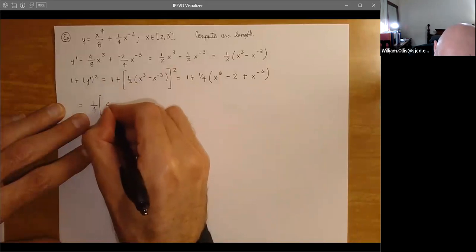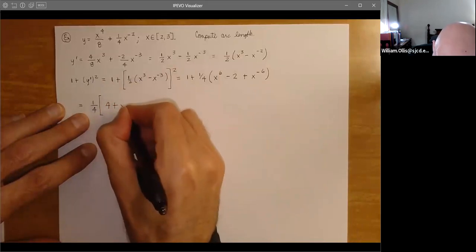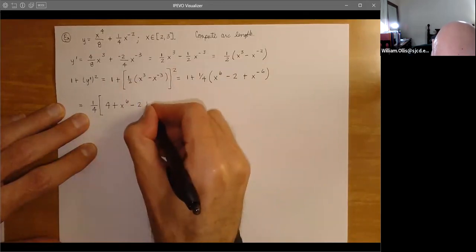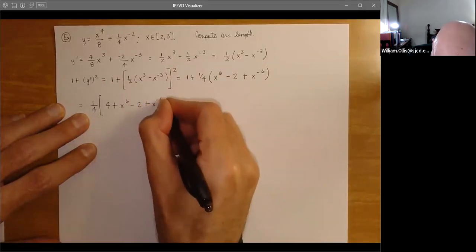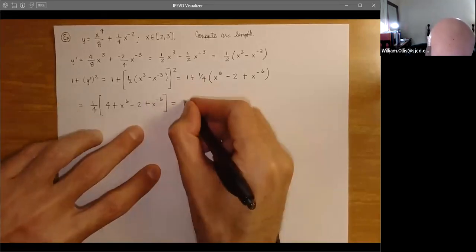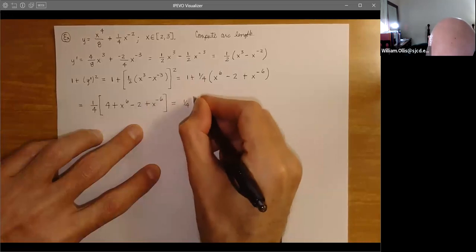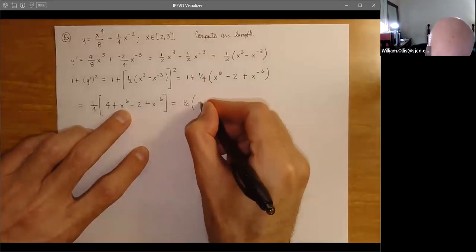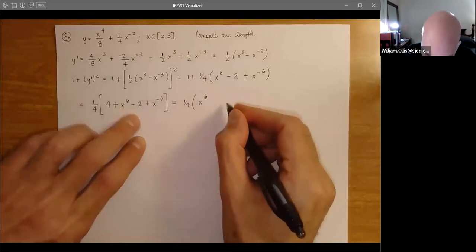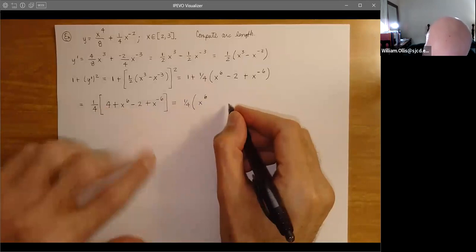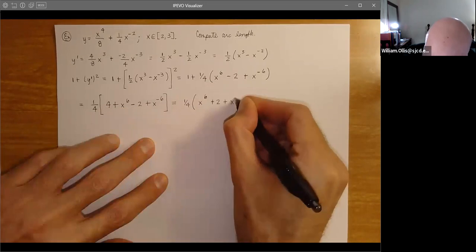So we have 4 plus x to the 6th minus 2 plus x to the -6. So again, we have the 1/4. And if you like, you can write this in descending order like we're trying to do. So x to the 6th. And then, of course, we have the 4 minus the 2. So that's plus a 2 plus x to the -6.